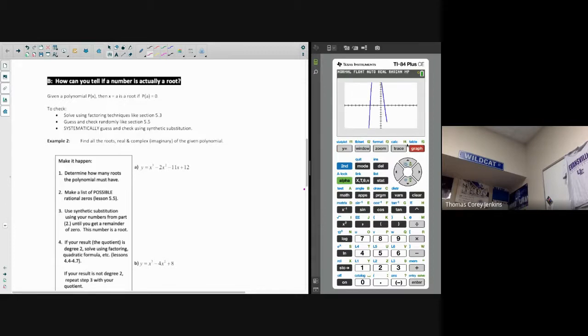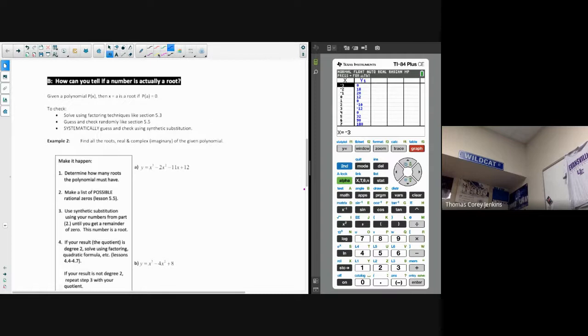And remember, I'm looking for x-intercepts, and it looks like I have nice, clean x-intercepts here of -3, +1, and +4. We'd want to make sure, looking at our table, that -3 goes to 0, +1 goes to 0, and +4 goes to 0. So basically, it would be that simple.